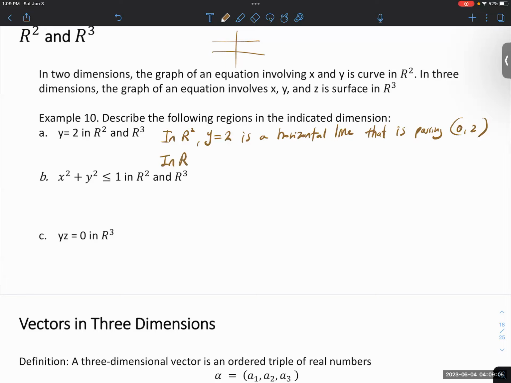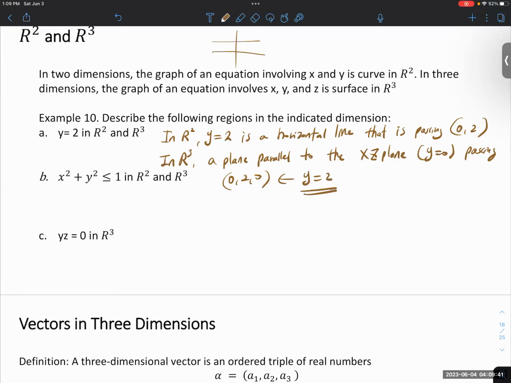But in 3-dimensional space, Y equal to 2, what do you guys think? This means a plane parallel to the XZ plane, because that's where Y equal to 0, and this is going to pass through 0, 2, 0, because that's where Y equal to 2.